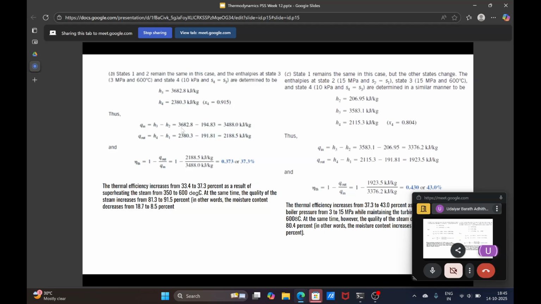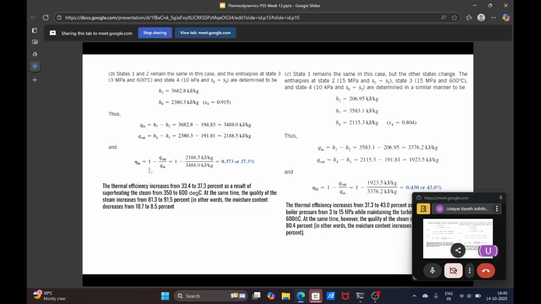So it comes out to be 3682.8 minus 194.83. So the net heat added is 3488 kilojoule per kg, and similarly the heat rejected is H4 minus H1, which is 2188.5 kilojoule per kg.